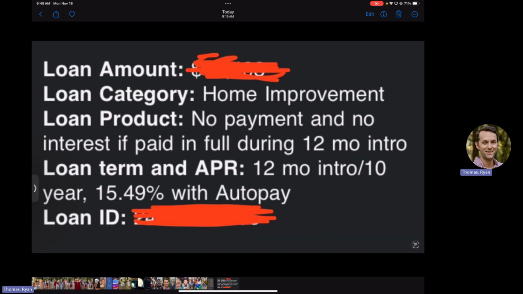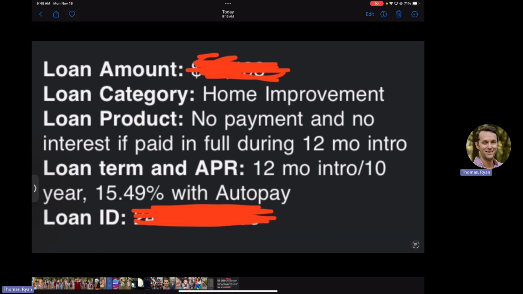Great. But then the fine print. After that, 10 years. That's a big number. Something like a mortgage, I think the interest rate's maybe around 7% now or something.